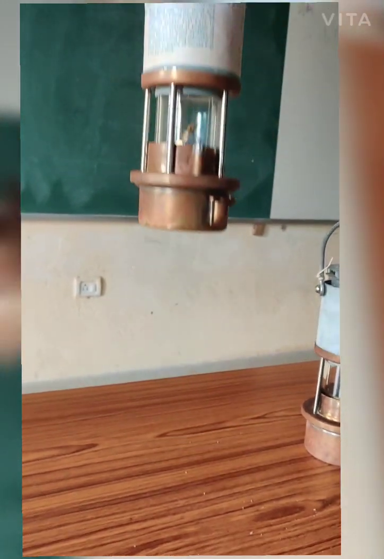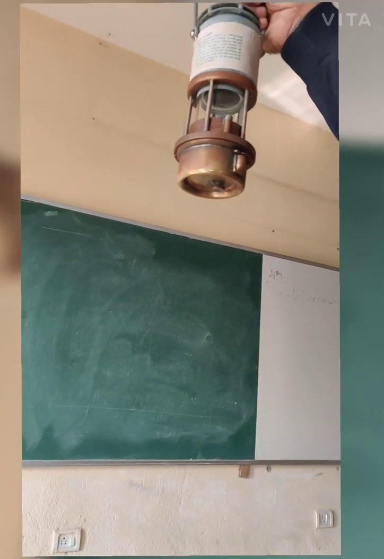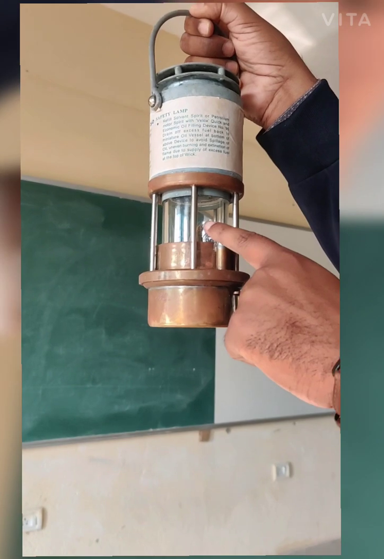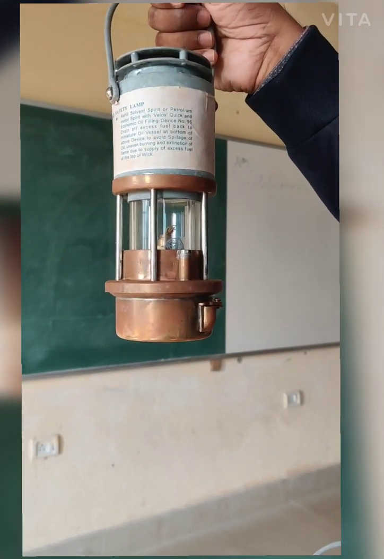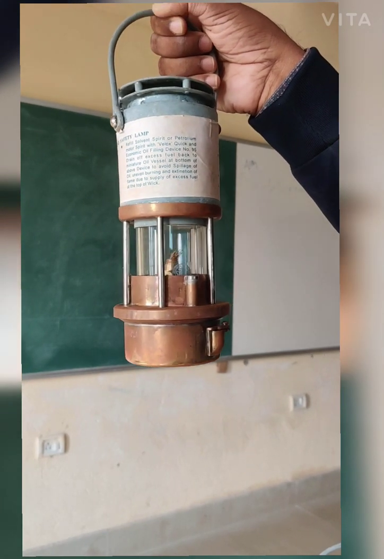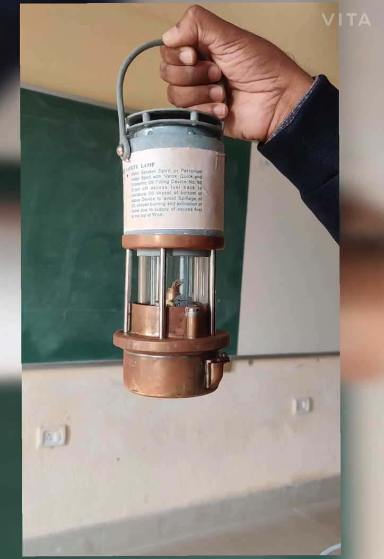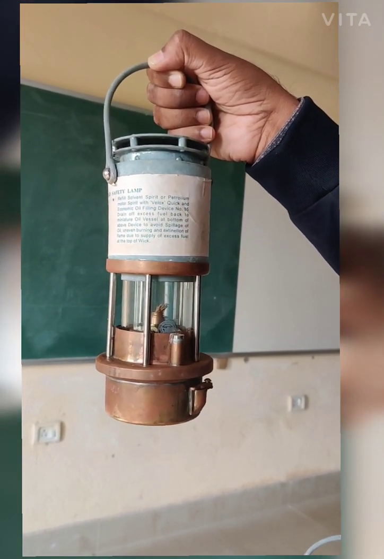Then we slowly raise it to the roof and watch the behavior of the flame inside the underground coal mine. If it elongates, that is, if it spires or jumps, then the percentage of gas can be taken as nearly 3% or more.